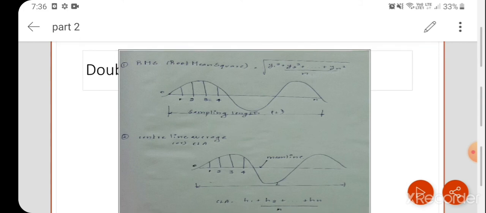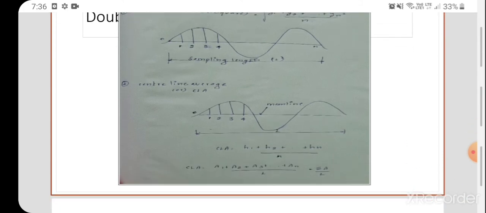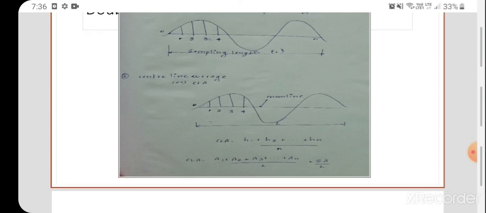The second method is the center line average, or CLA method. It can be defined as the average height of all the ordinates from the mean line regardless of sign. If H1, H2, H3 up to Hn are the readings obtained for sampling length capital L, then CLA can be calculated as H1 plus H2 up to Hn divided by n, where n is the number of divisions.